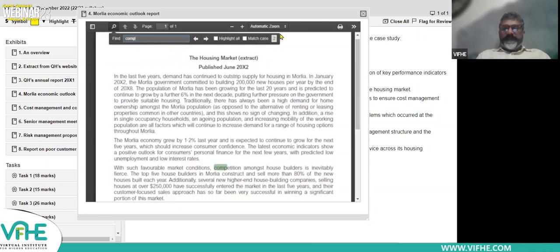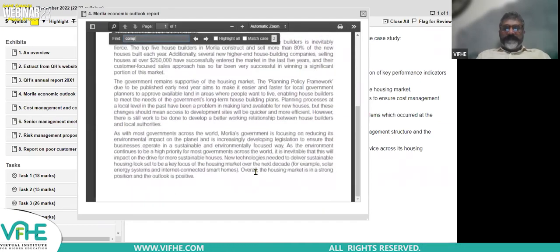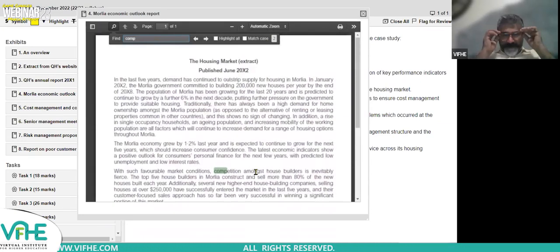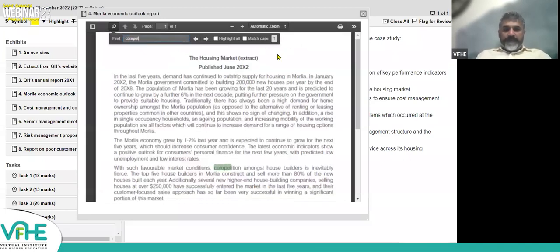It immediately showed me that there are 2 words. One is here, it says competition amongst builders, and one will be highlighted down somewhere. Or I could do this, so the one word, competition.